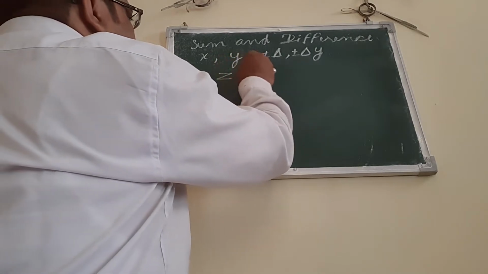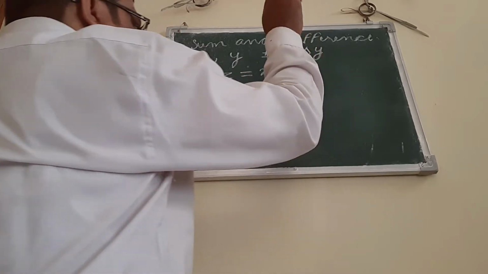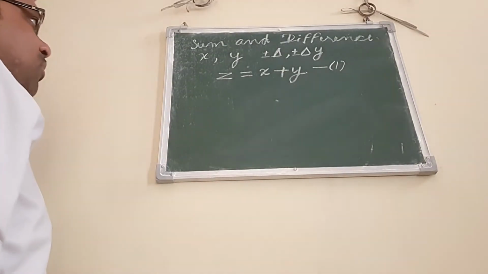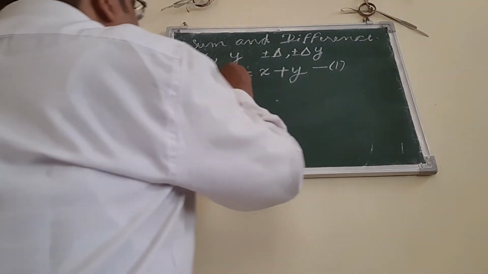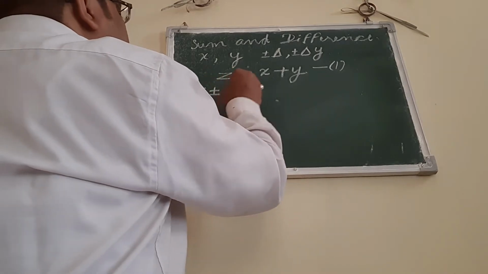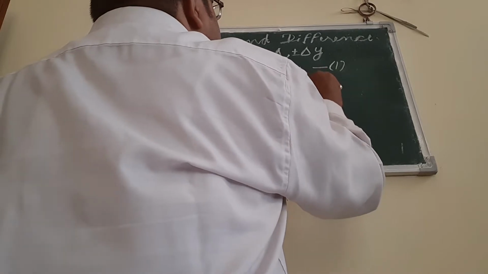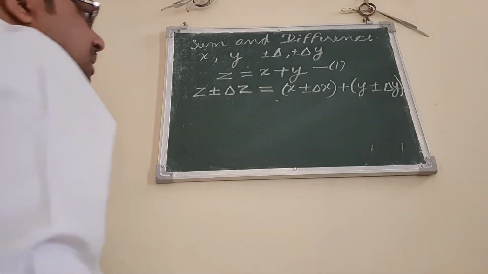Suppose z is the quantity which is the sum of the individual quantities, x plus y. So this is our first equation. You all can see it on the board. Now applying the errors, z plus minus delta z is equal to x plus minus delta x plus y plus minus delta y. So the expression becomes this.